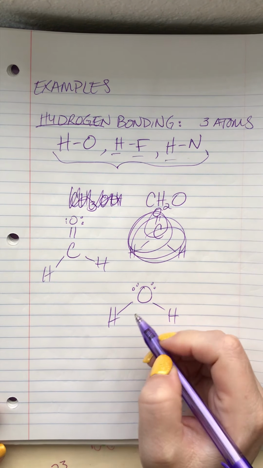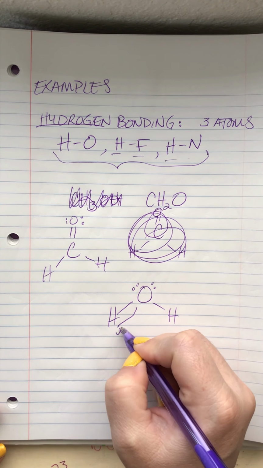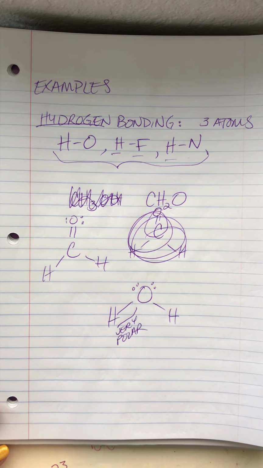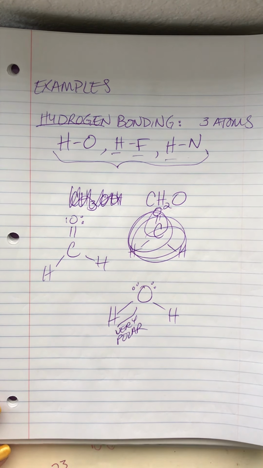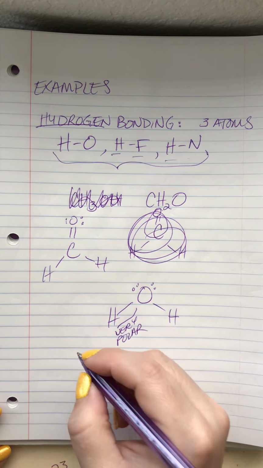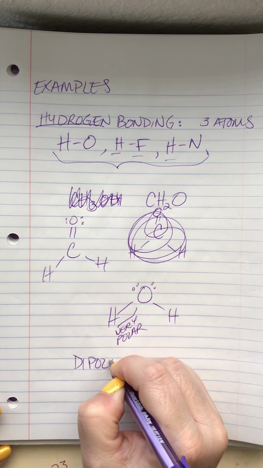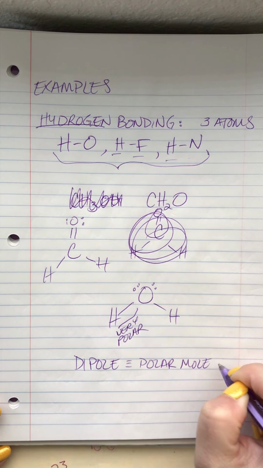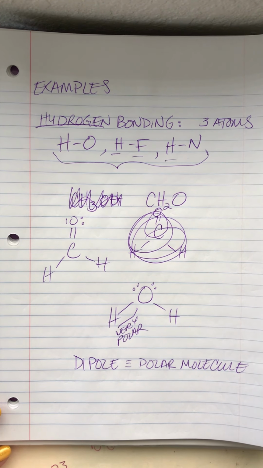That makes this bond very polar. And again, it's not enough to have a very polar bond. What else do you need to have in order to have a net dipole, AKA a polar molecule? A separation in charges? Yes. So if a dipole is just code for polar molecule, what makes a polar molecule? The electronegativity? So we have the polar bonds.